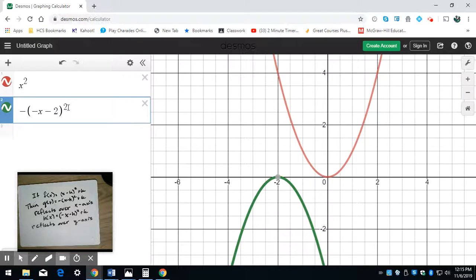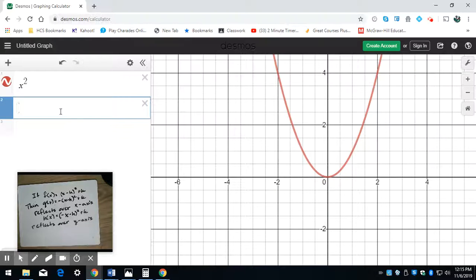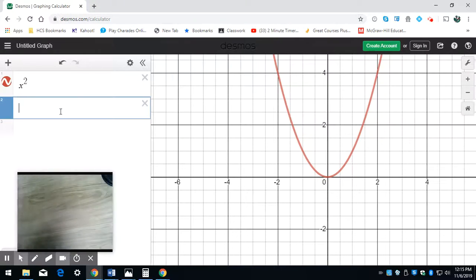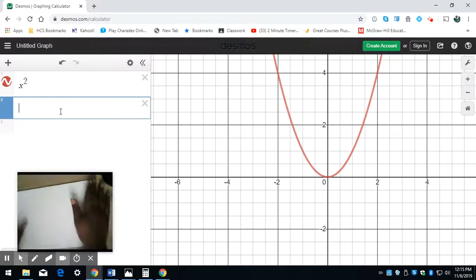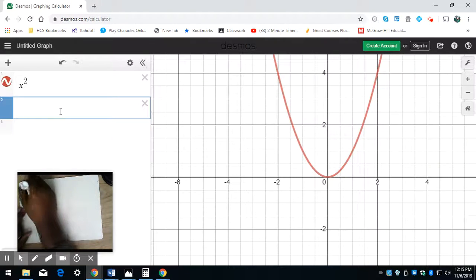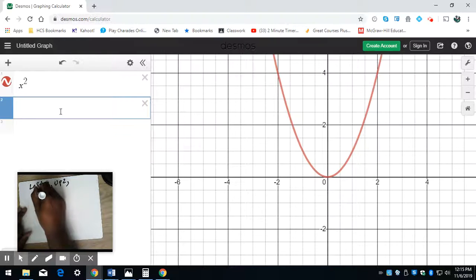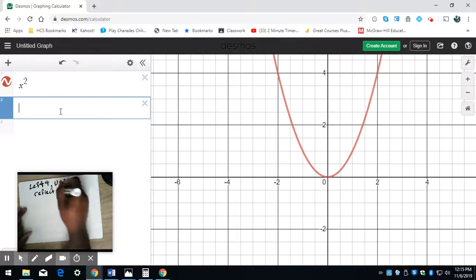So let's do some examples. Let's do some problems using this stuff. So let's say that I wanted to go to the left 4, up 2, and reflect over the x-axis.